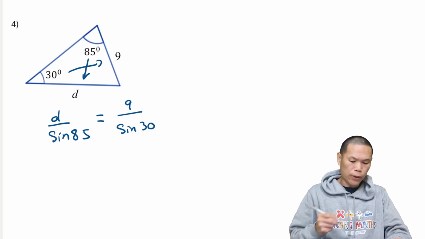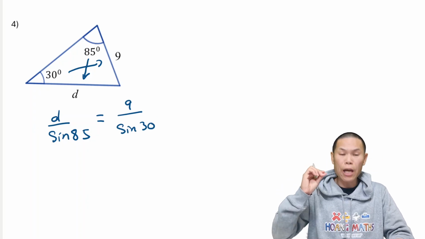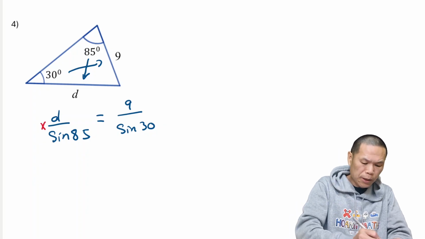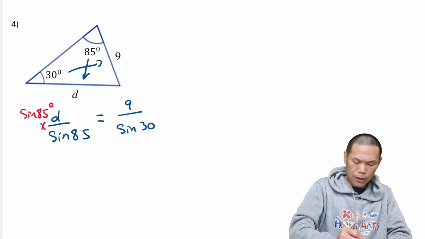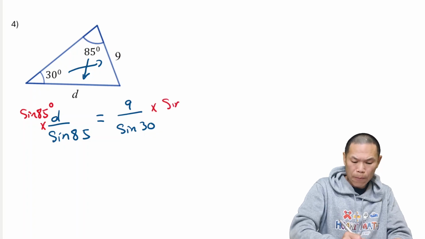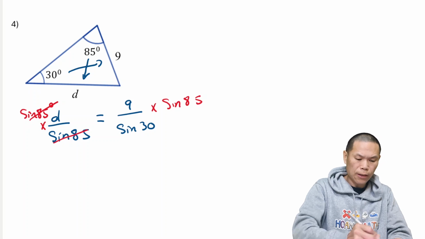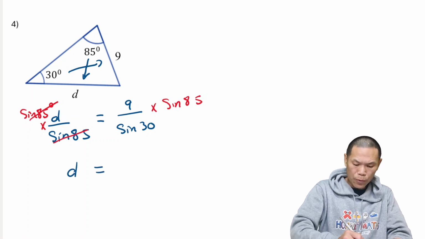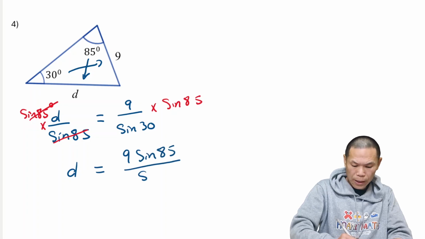Now we just solve for D, so we just times sine of 85 on both sides. So we just times sine 85 degrees with times sine 85 degrees. So that cancels with this. So this means that D equals 9 sine 85 degrees over sine 30 degrees.